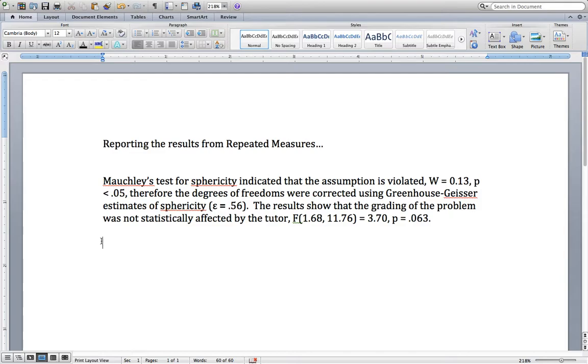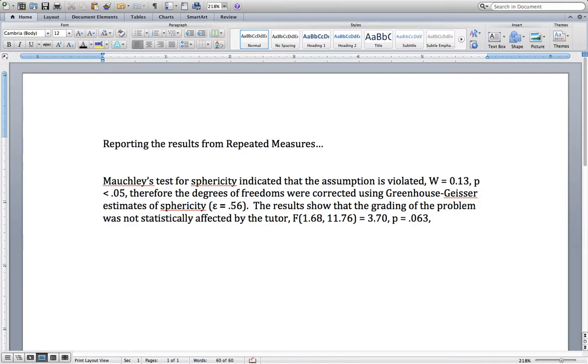If I have 4 numbers and 3 of them add up to 20, and I know 2 of the numbers are 2 and 5, then I know the other has to be 13. That's kind of what I've got here. I've got my degrees of freedom, 1.68 and 11.76. I know that my p-value is 0.063, so I could use qf, which is something we've seen before in R, to come up with that. And that's the way I did that earlier.